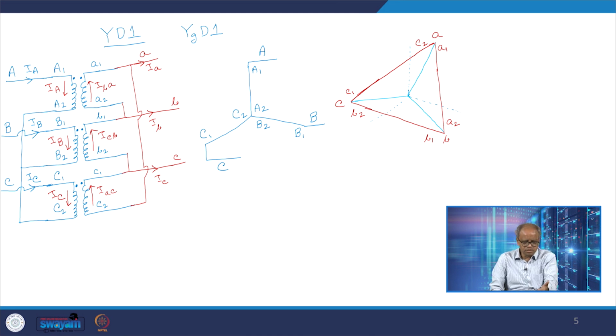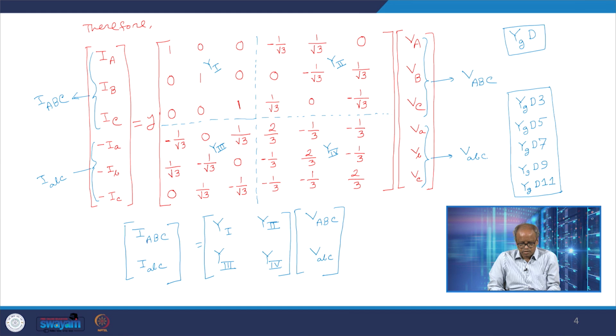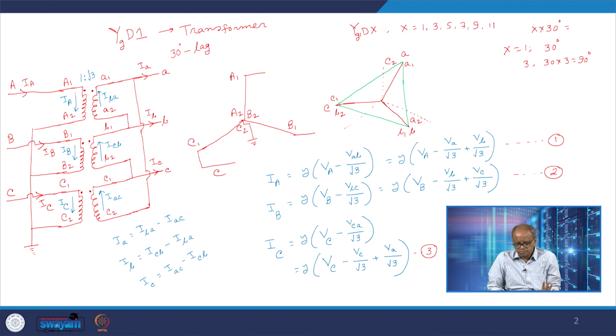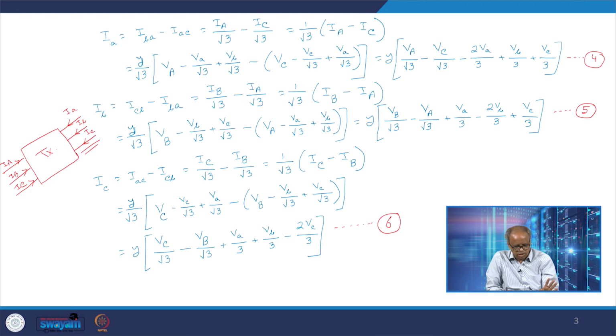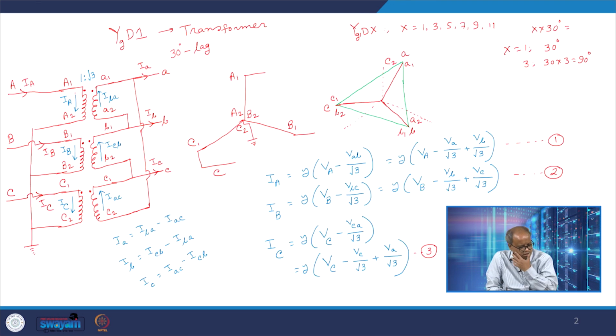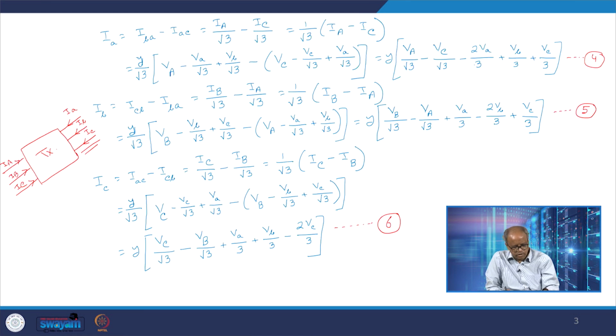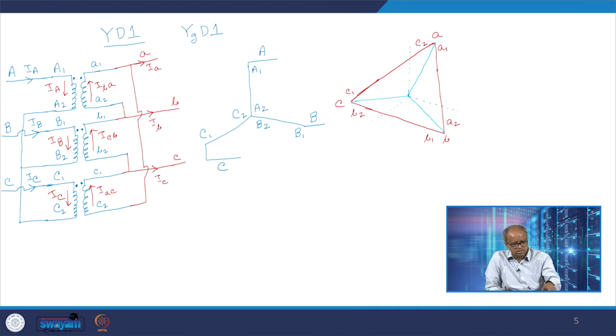Now if you compare this vector diagram with this vector diagram, there is practically no change except that at the star side there is a ground connection because it is YgD1. Otherwise there is absolutely no change. And if we look at this connection diagram, there is also absolutely no change except that at the star side there is a ground connection, whereas here this neutral is not grounded because it is YD1.